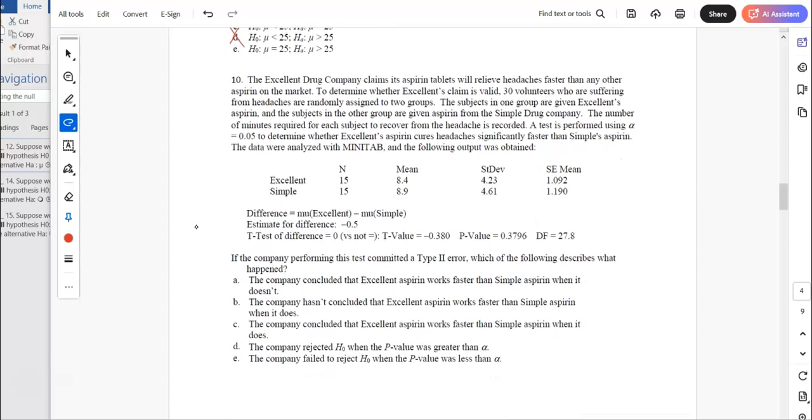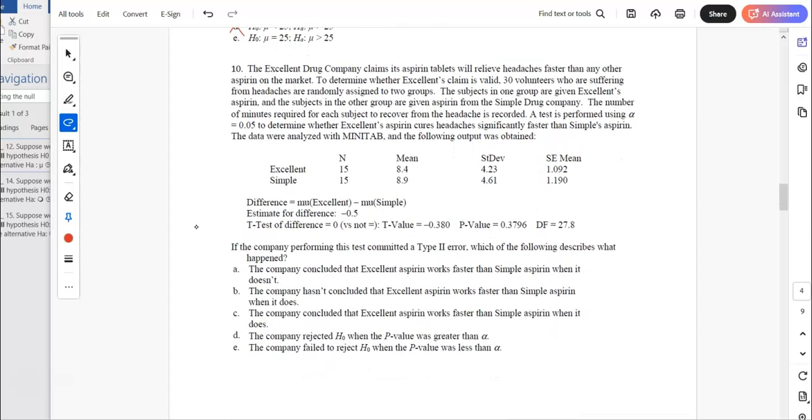I like that one. The Excellent Drug Company claims its aspirin tablets will relieve headaches faster than any other one on the market. To determine whether Excellent's claim is valid, 30 volunteers suffering from headaches are randomly assigned to two groups. Subjects in one of the groups are given Excellent's aspirin, the other are given aspirin from, so it's not a placebo, but just a different drug company, the Simple Drug Company.